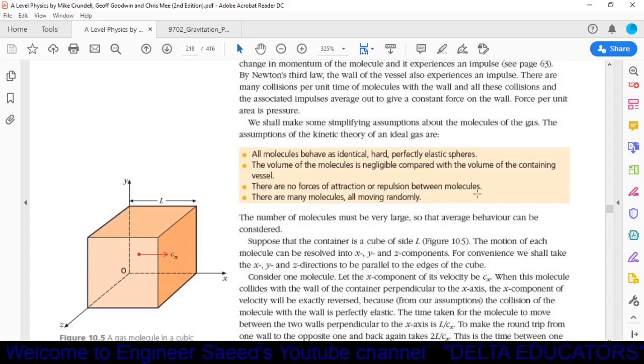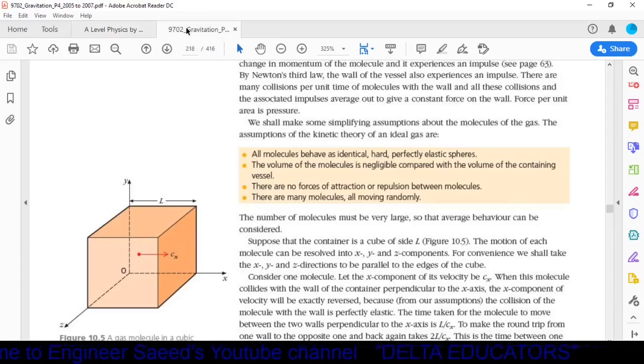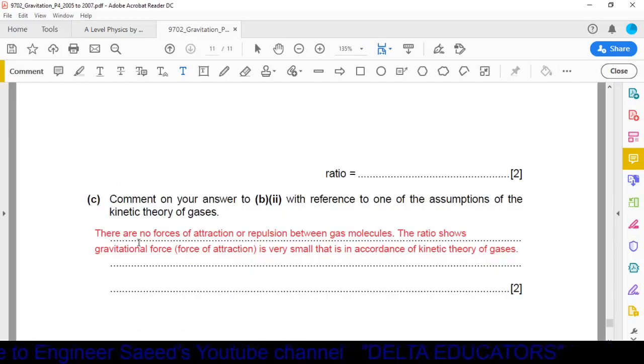So what is the assumption of kinetic molecular theory? For an ideal gas, there will be no force of attraction or repulsion between the gaseous molecules.